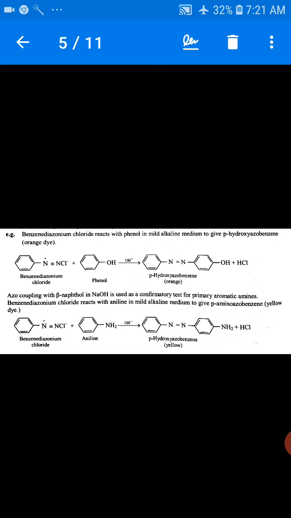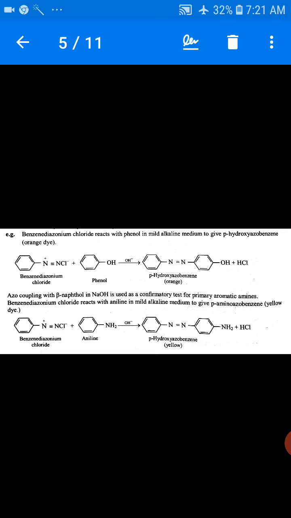Here is the structure of benzene diazonium chloride, that is benzene ring N2+Cl-, and it reacts with phenol, that is OH attached to benzene ring, in mild alkaline medium.